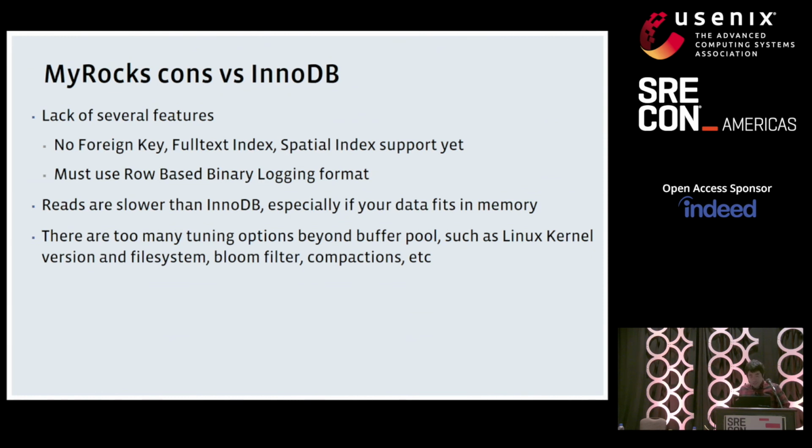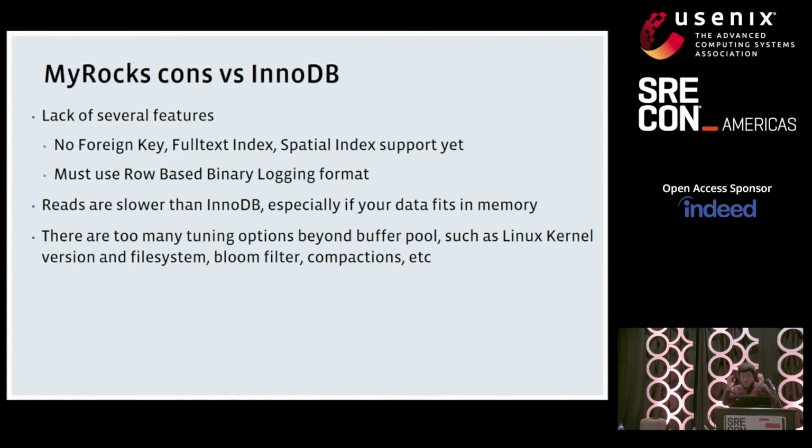A more important limitation is that InnoDB uses a B-tree index, which has fairly balanced performance for reads and writes. Writes are faster on an LSM database like RocksDB, but reads are faster in InnoDB than in RocksDB.